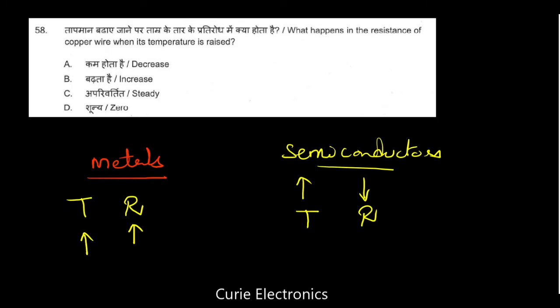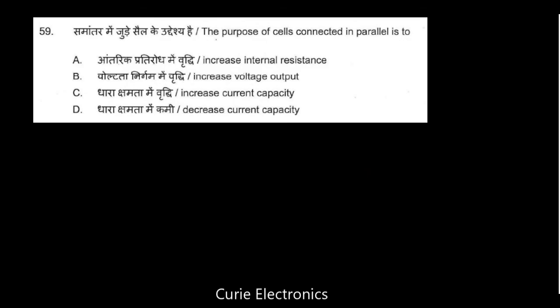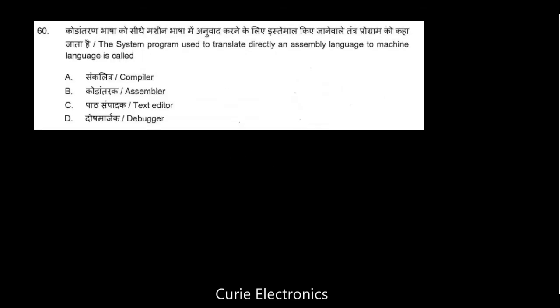So for copper wire, temperature raised, resistance increases. Question number 59. The purpose of connecting cells in parallel is to increase the current carrying capacity, that is the ampere hour of a battery.